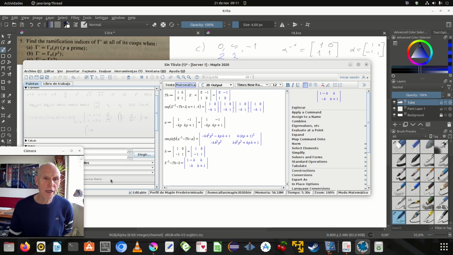So for which h will this lie in gamma 2?